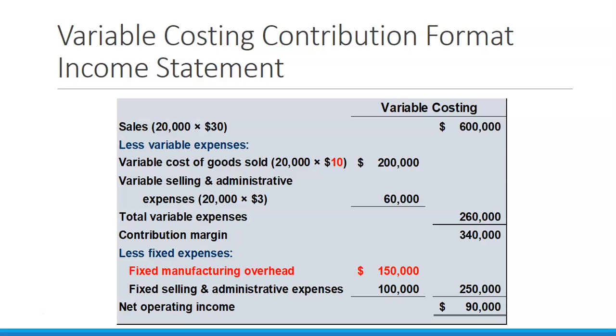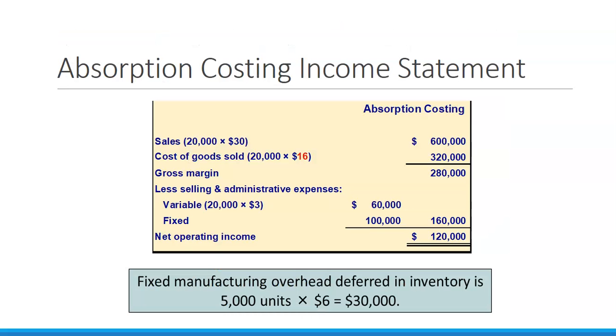We can see under variable costing that our operating income is $90,000. However, under absorption costing, our net income is $120,000. The reason that the income goes up is because of that fixed manufacturing overhead cost.